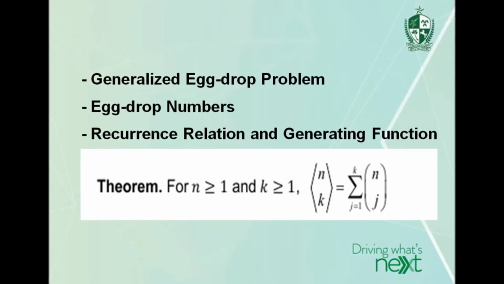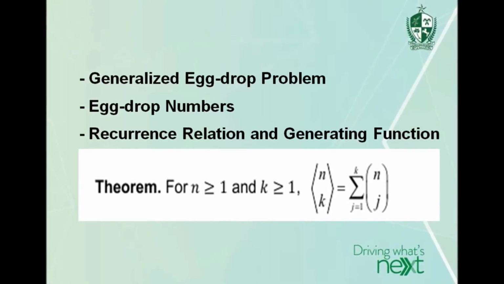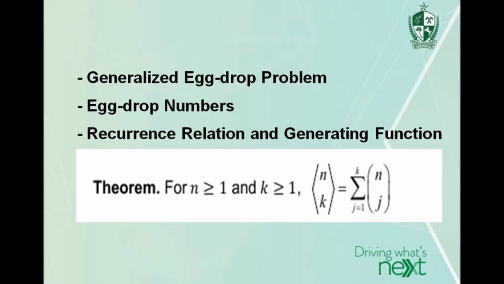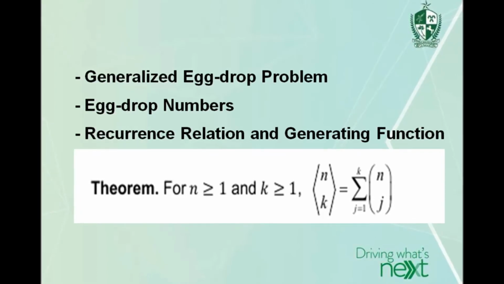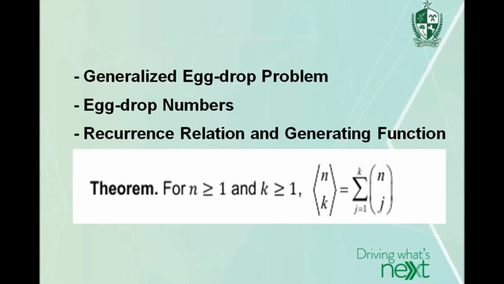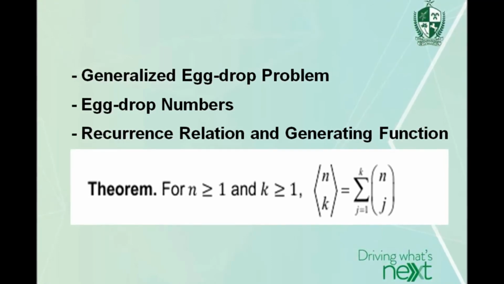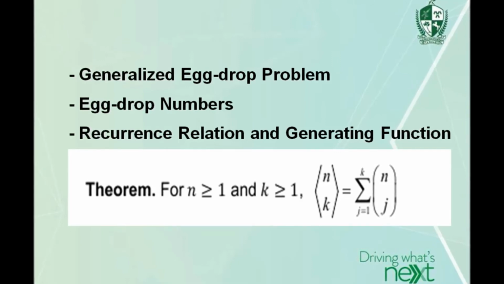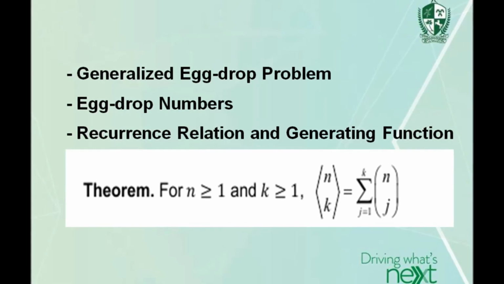The ways of estimating the egg drop numbers are with the aid of recurrence relation and generating function, from which we yield the final theorem: for all n greater than or equal to 1 and k greater than or equal to 1, egg drop numbers are equal to the summation of n taken j, where j runs from 1 to k.